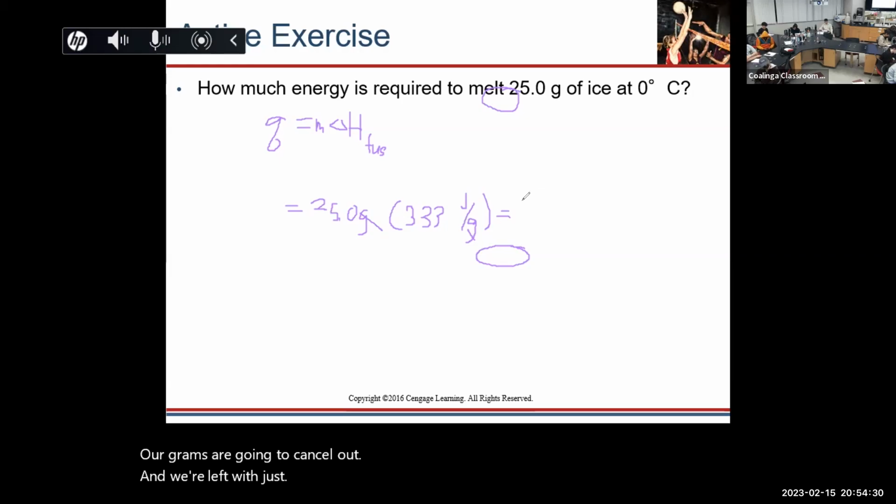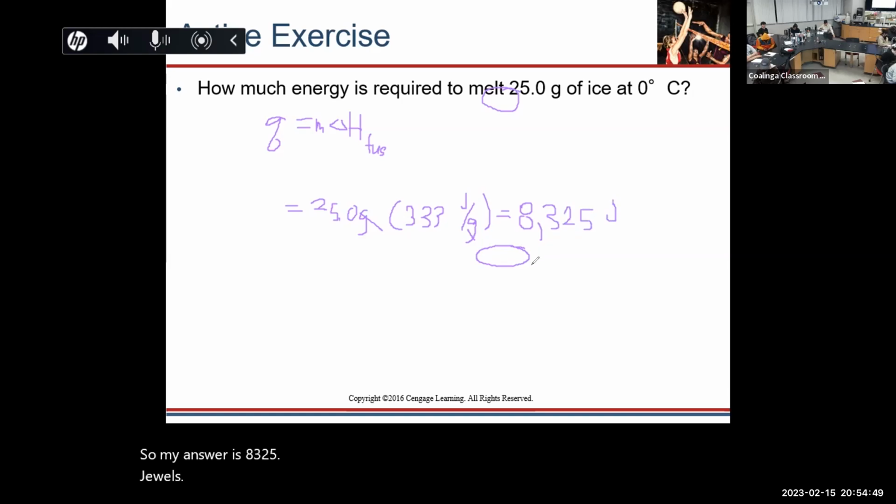So how many sig figs should I have? 3. So the answer is 8325 joules.